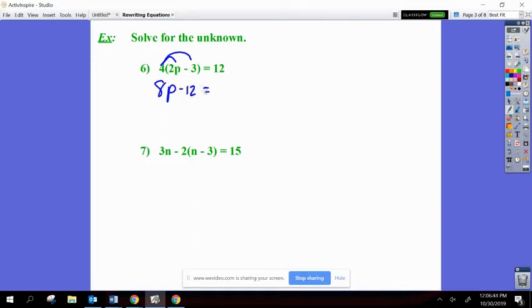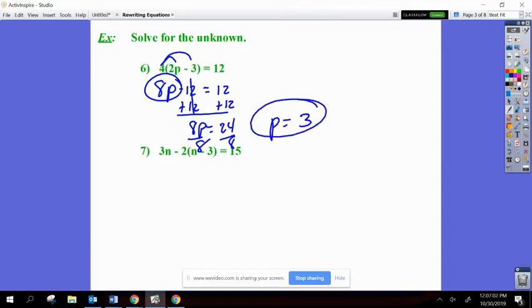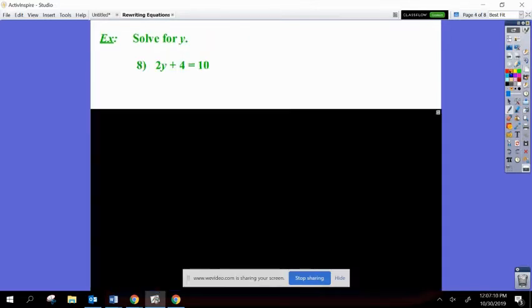Instead of saying I add 12, undo addition, subtraction, I'm saying I'm isolating 8p. Really the same thing, right? Divide by 8, we get p is equal to 3. So we solve it the same way.